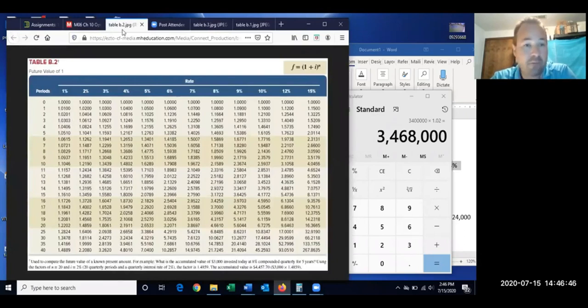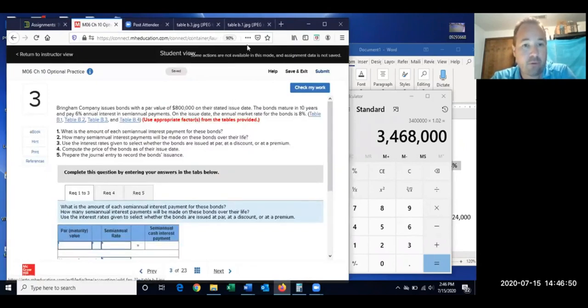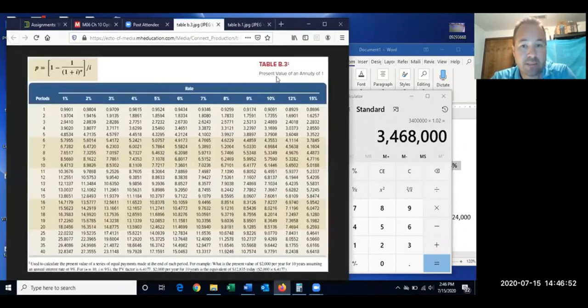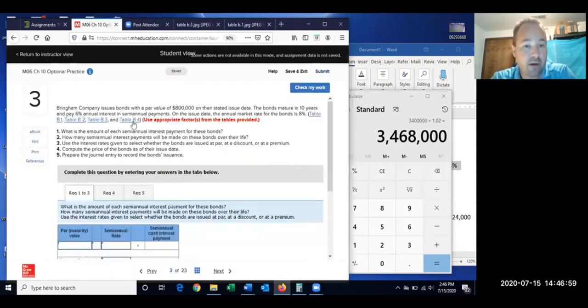For these bonds problems, I don't need that. Table B3 says present value of an annuity. Yes, I need that one because it's present value. And I'll just tell you B4 is the future value of the annuity. We don't need that one. So you just need the 2 of them, B1 and B3. Have those accessible because we're gonna need them.